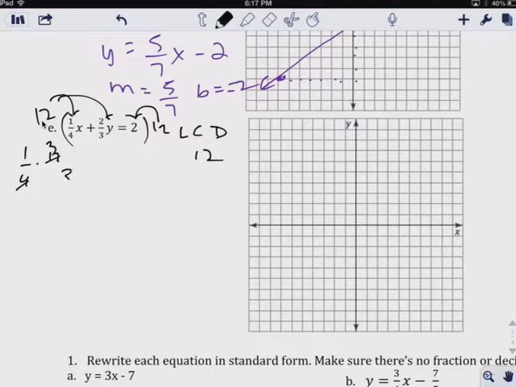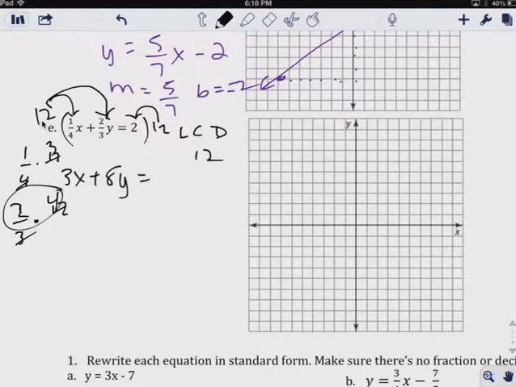That leaves you 3x. 12 times 2 over 3 here, cross cancel. That gives you a 4. 4 times 2 is 8. That's going to be plus 8y. And here the last 2, multiply 12 times 2, which is 24. Okay, that's much nicer, isn't it?